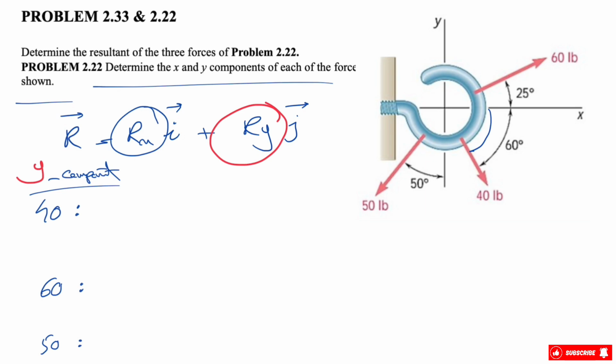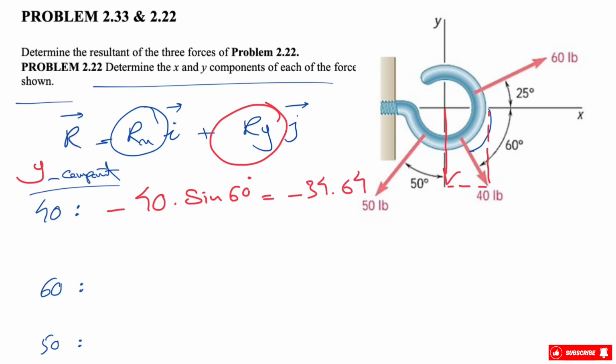Let's start with the 40 pound force again. So this will be our Ry for the 40 pound force, and as we can see it is negative, and the sine of angle with x-axis would be our y component, so this will be minus 34.64.